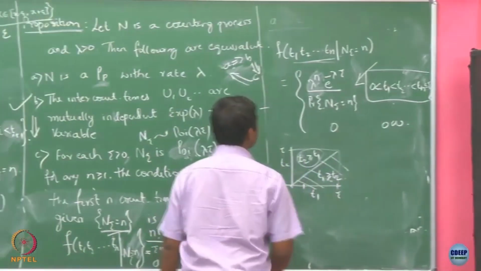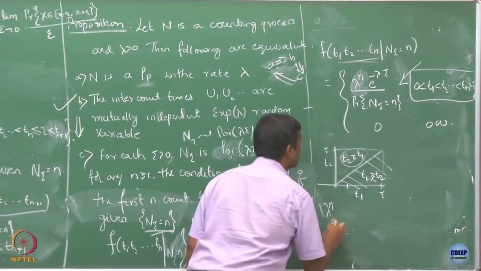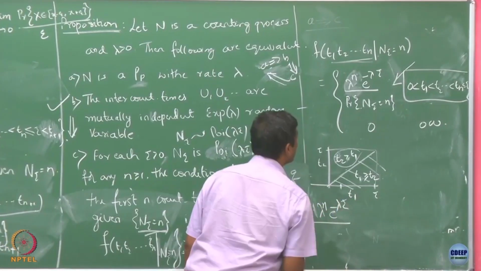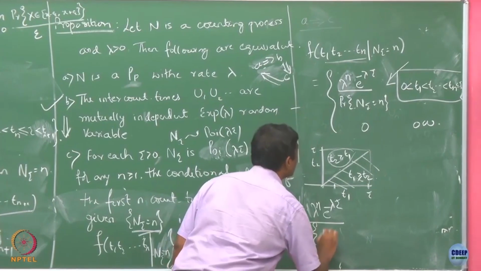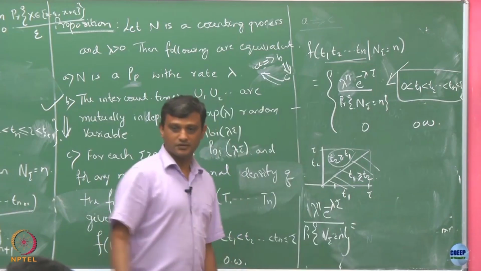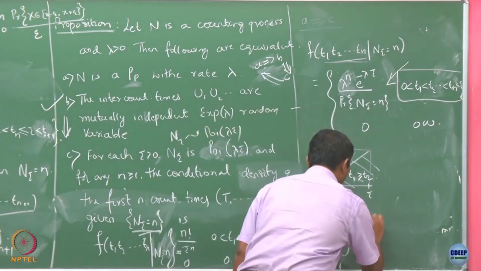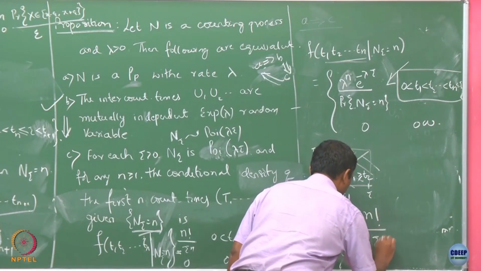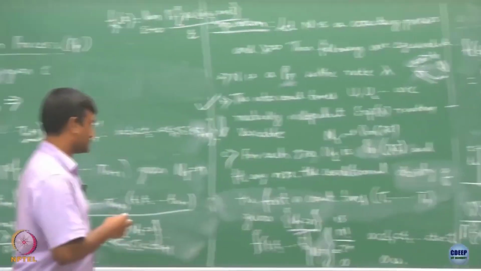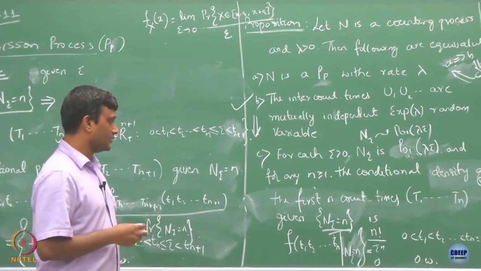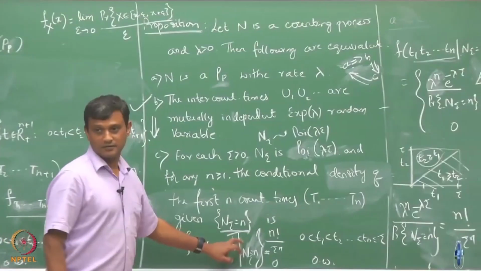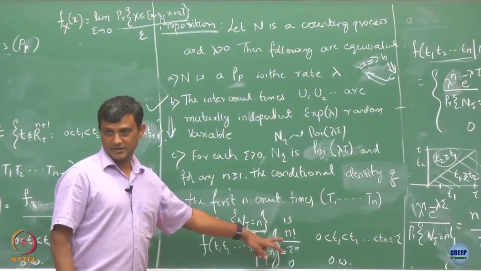So we expect this to be equal to the reciprocal of that, which is n factorial by tau to the power n. And you see that is what I have already mentioned here.